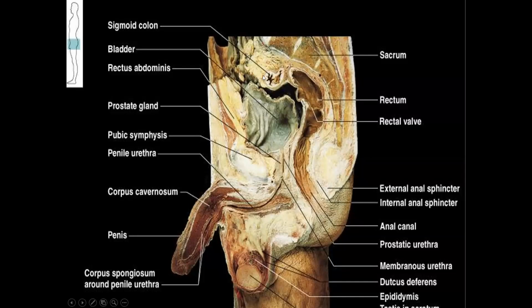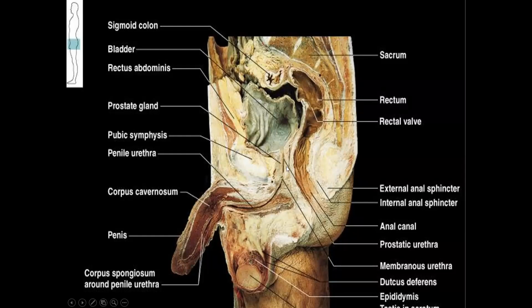Okay, cadaverous view of male reproductive structures here. You can see right here the penile urethra running through here. This is the urinary bladder right here. The prostate gland is located right about here.